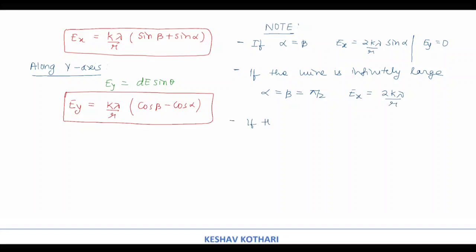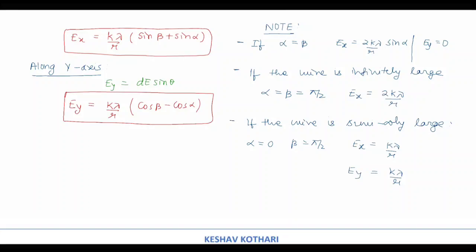If the wire is semi-infinitely large, then the value of alpha can be 0 and beta is equal to 90 degrees, and the converse is also true. So this time we will obtain that the electric field along x has magnitude k lambda upon r, and so is the value of the electric field along the y-axis, that is k lambda upon r. I hope you understand the meaning of infinitely large.